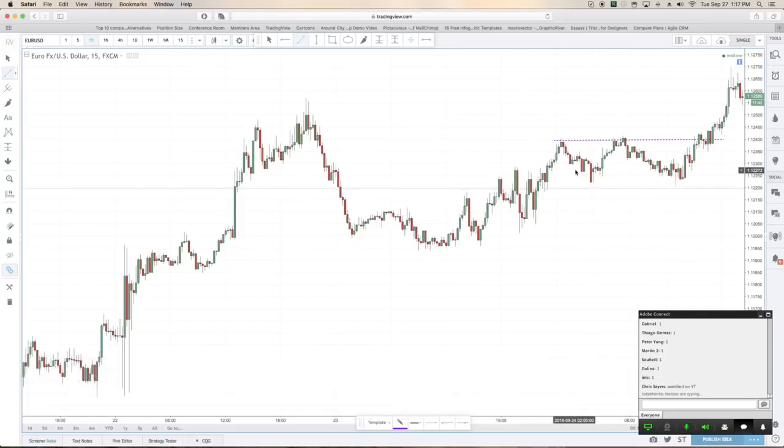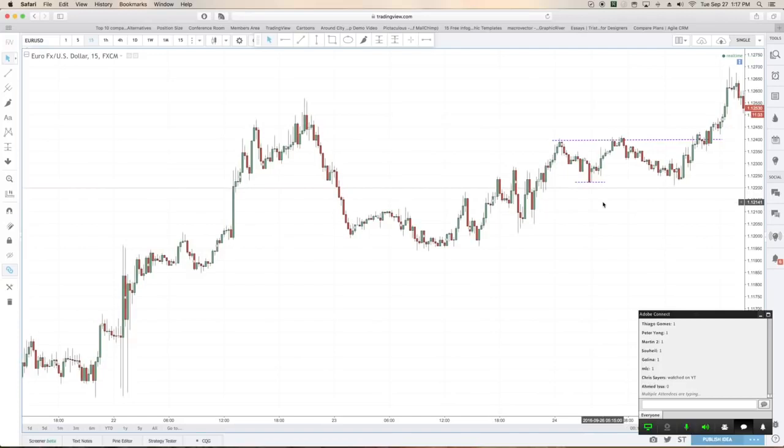If I draw this as my support, is that correct? No, because that's not the place where the market held.